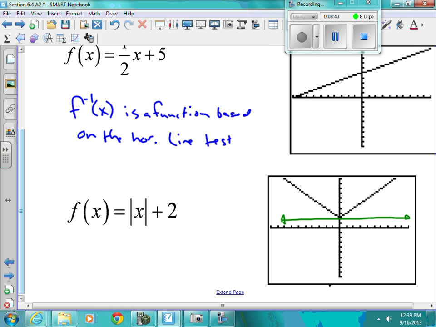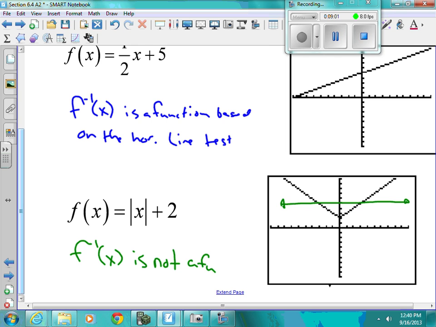But it only has to fail one time. It doesn't matter how many times it passes. If it fails one time, it's a pretty harsh test, then the inverse is not a function. So for this one, the inverse of f is not a function because of the horizontal line test. So that's how you can use the horizontal line test. We'll get more practice with that tomorrow.